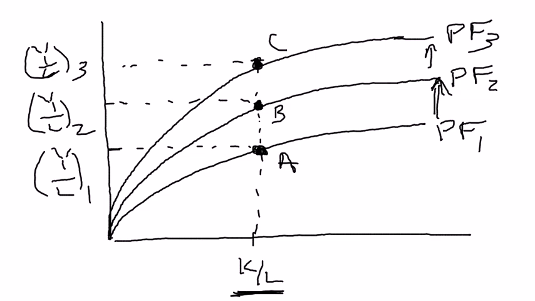And then when it increases by 1 unit again, it increases from production function 2 to production function 3. And the key point is the vertical shifts are just as much as the previous vertical shift. So the principle of diminishing marginal returns doesn't apply when you're talking about new technology.